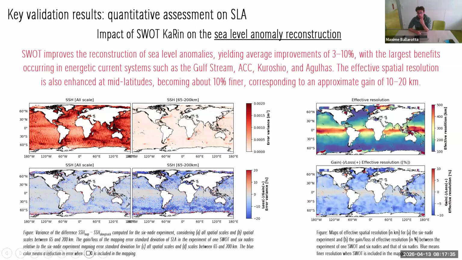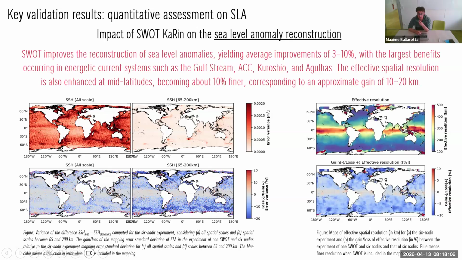Another diagnostic that has been published as well is the effective resolution, which is assessed thanks to the independent long track dataset. On the top right, you have the effective resolution of the level 4 product, which ranges from about 500 kilometers in the equatorial region to about 100 kilometers at high latitude.